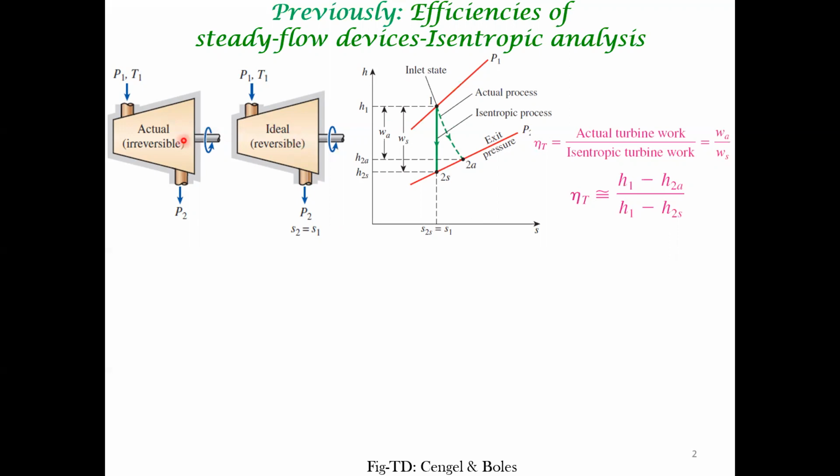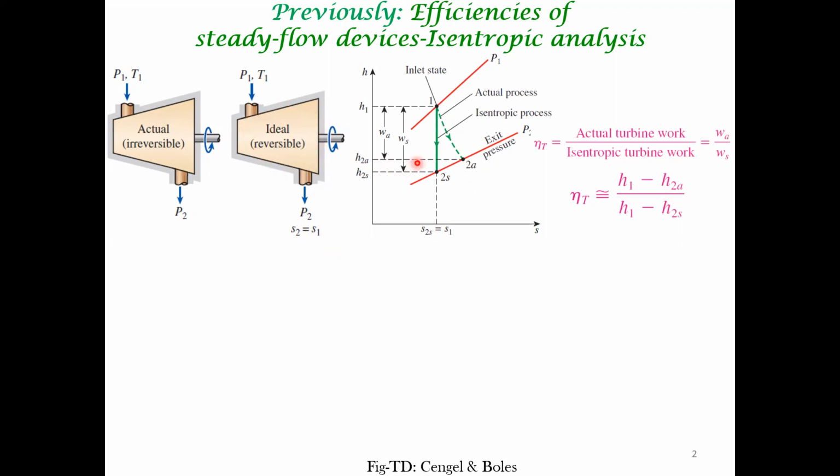What is the connection between the ideal device and the real device? The initial condition is the same. The exit pressure is the same between both of them. However, in the ideal device, it is an isoentropic operation. So the entropy of the inlet and outlet is one and the same, and there is internal reversibility.